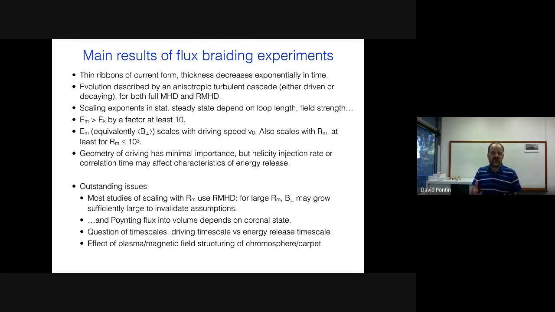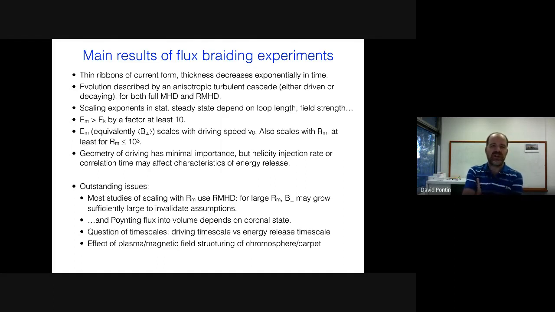The evolution generally is described as an anisotropic turbulence, either driven turbulence or decaying turbulence. And the scaling exponents, like I said, depend on different parameters. The magnetic energy tends to dominate the kinetic energy by a factor of at least 10, depending on which simulation you look at. So this is not equipartition in the turbulent cascade.